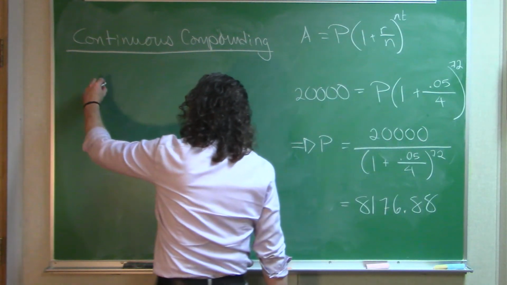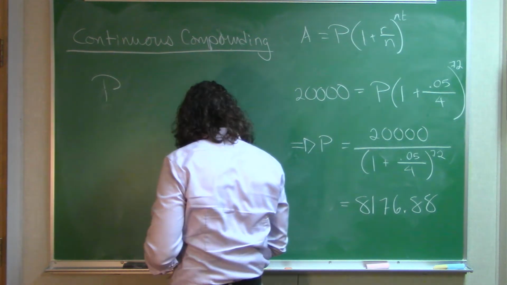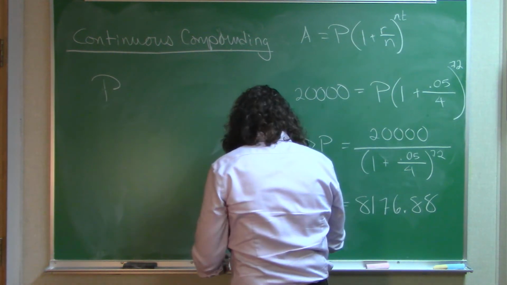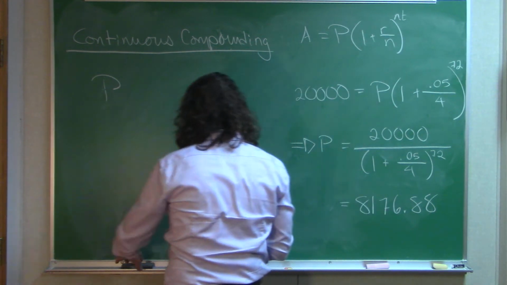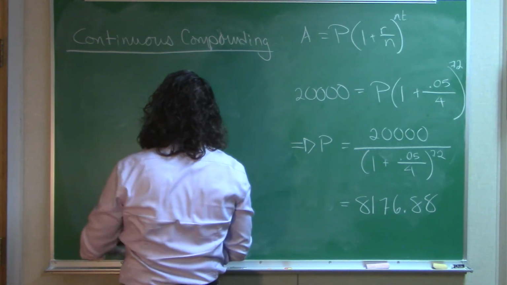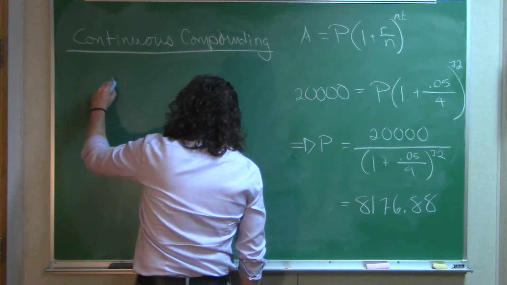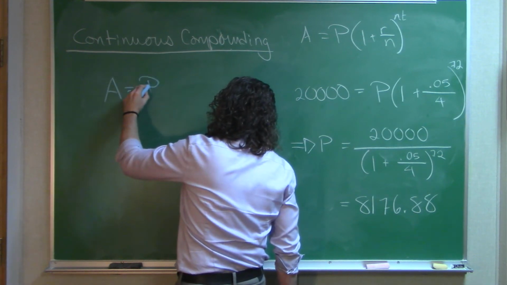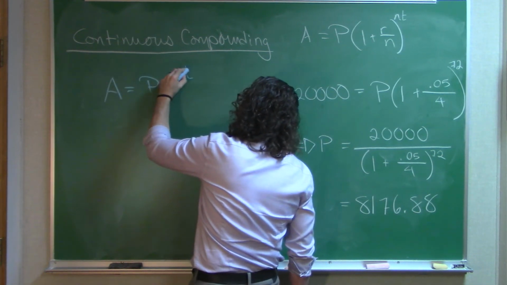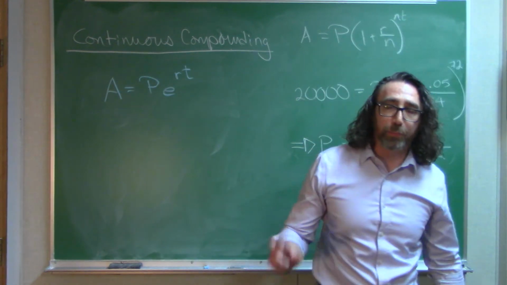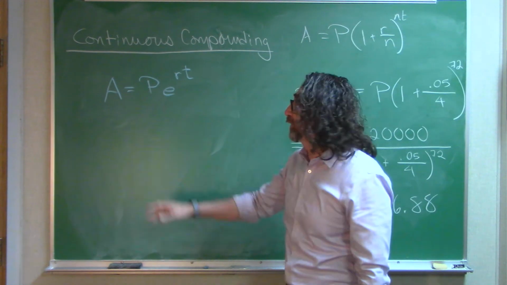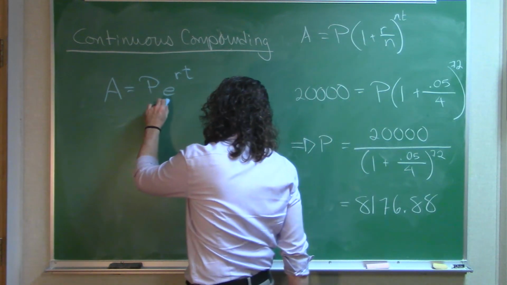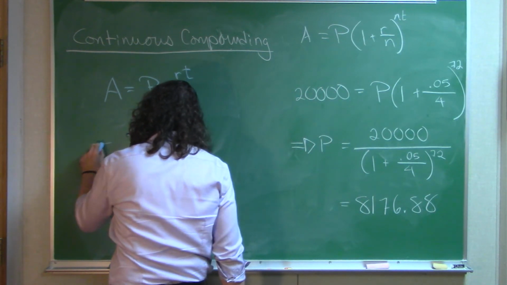Okay, that formula is A equals P e to the RT. Okay, A equals P e to the RT. It starts out the same. P still stands for principal. R is your interest rate.